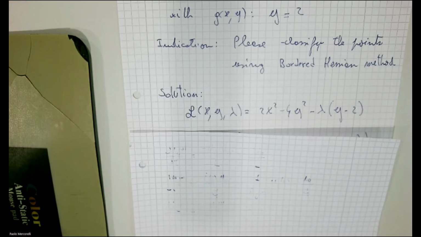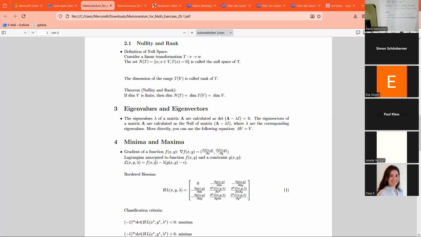In the memorandum on this topic, there is everything. Look here, the gradients, the definition, but in particular now, this is interesting for us. The Lagrange associated to the function f(x, y) and a constraint g(x, y).